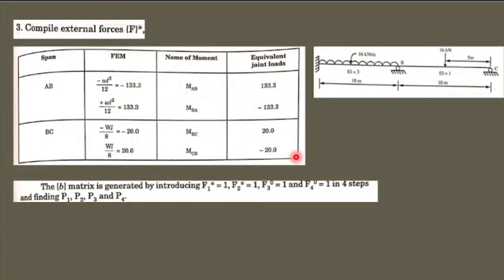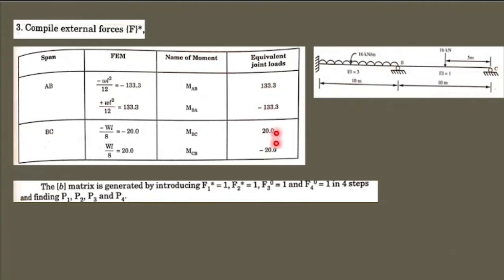Now you can find the F star. How to find? If you add this joint, you should have 0 moment. That is BA and BC should be 0. So what are the current moments here? B to A is 133.3 and B to C is 20.